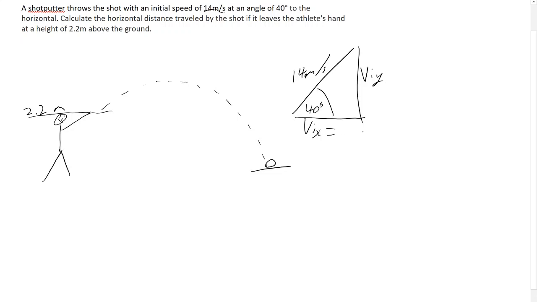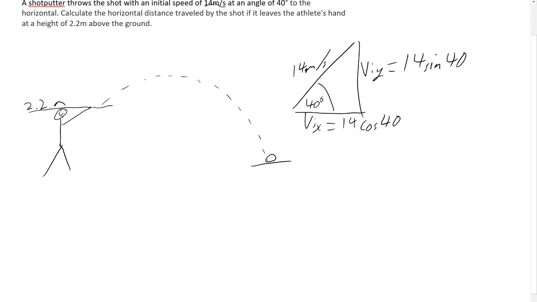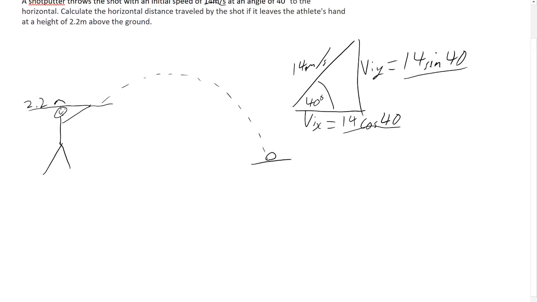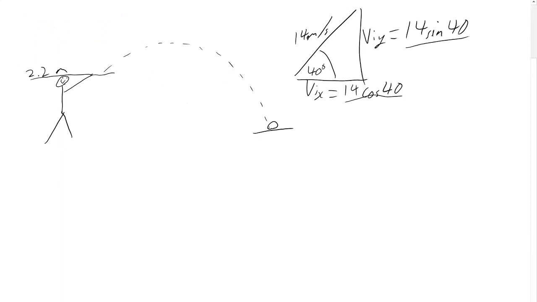Vix is equal to 14 times the cosine of 40, and Viy is equal to 14 times the sine of 40. You can calculate these right now if you wanted to, but I prefer to calculate them at the end, so we don't have some messy numbers in there.